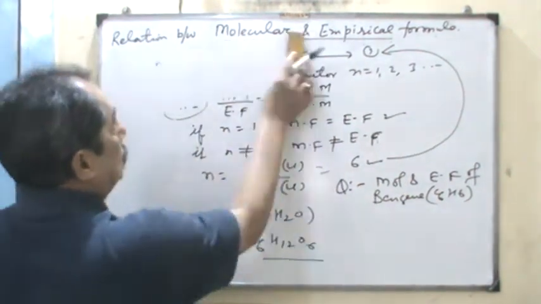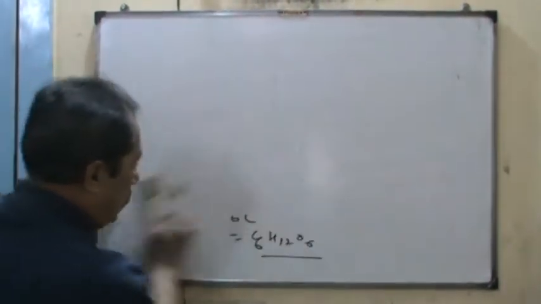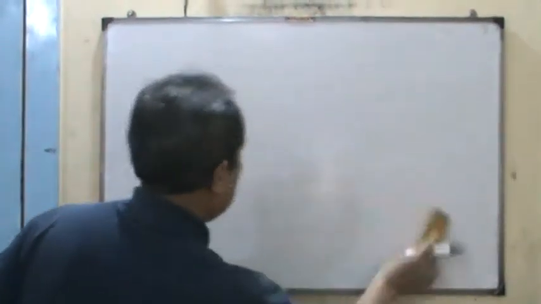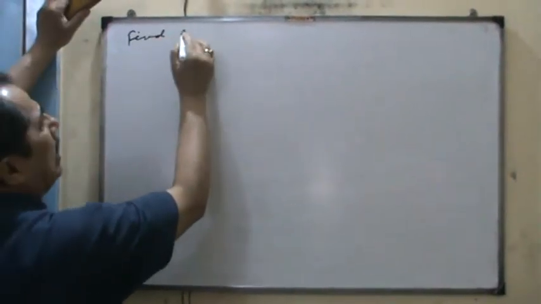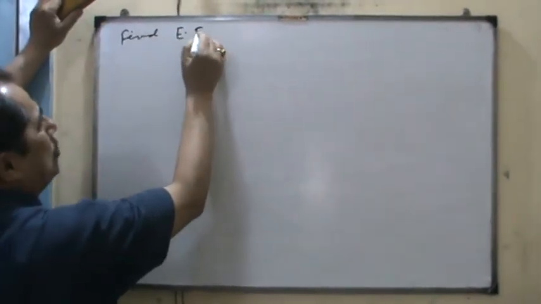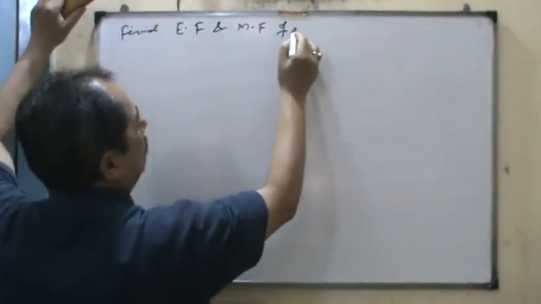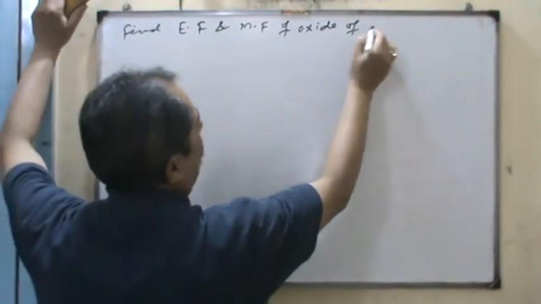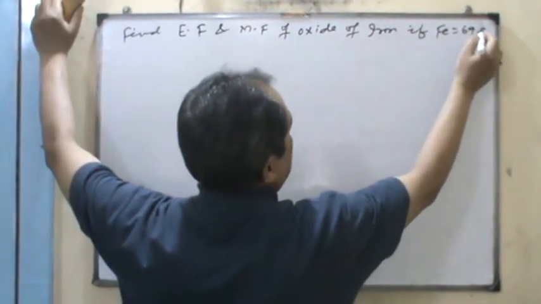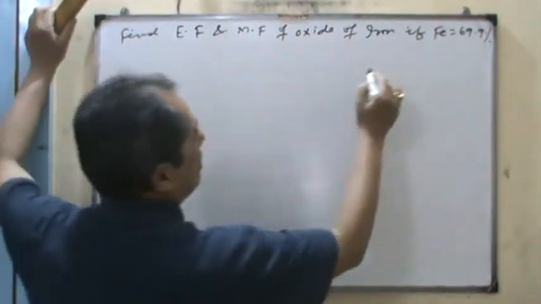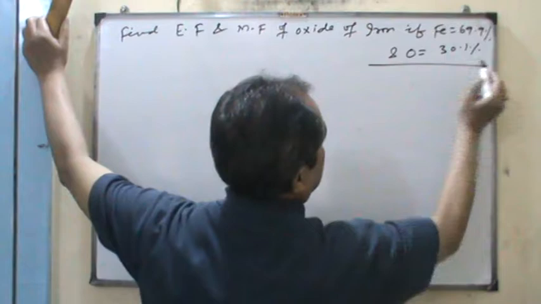Right now, if I give you a question: find the empirical formula and molecular formula of an oxide of iron, if iron is 69.9% and oxygen is 30.1%.